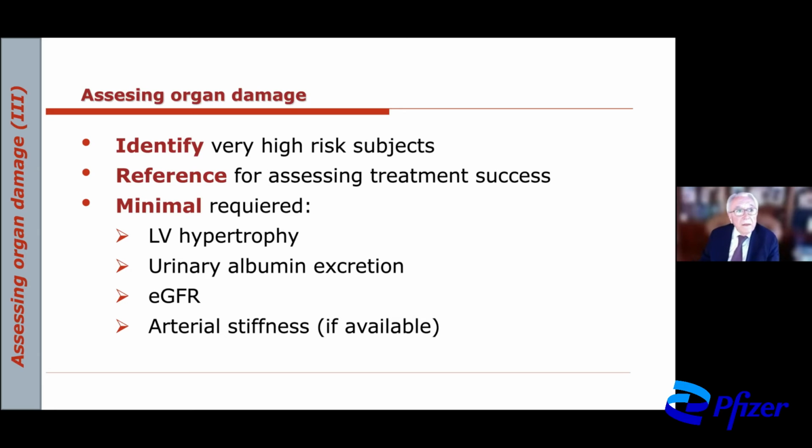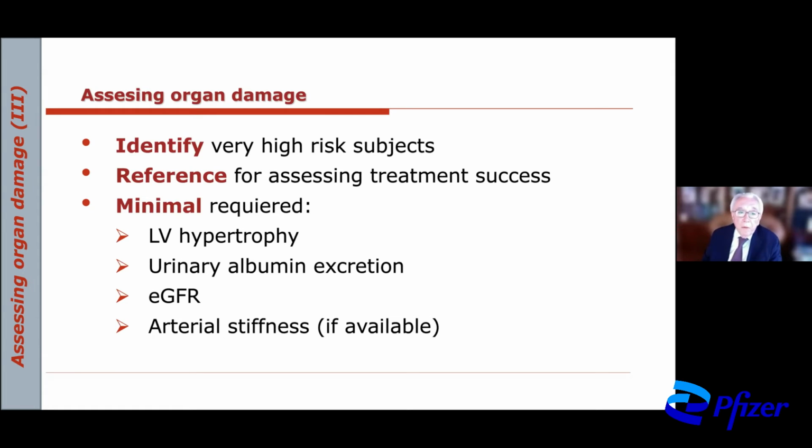The third aspect is assessing organ damage. For what? Of course, first of all, to identify if the patient is a very high-risk subject. On top of the high levels of blood pressure, the patient has organ damage. But it is also useful as a reference for assessing treatment success. If we have left ventricular hypertrophy or increased urinary albumin excretion, we need to check during the treatment of these patients to see if there is some kind of regression.